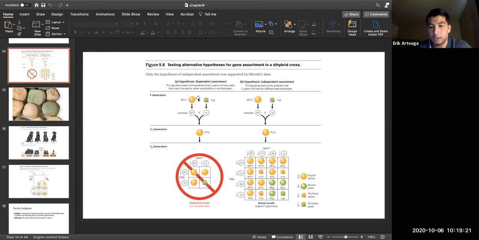So the yellow seeds are going to have heterozygote or homozygote dominant, okay, right? So homozygote, so 2 Y's is going to give you yellow seeds as well, okay?